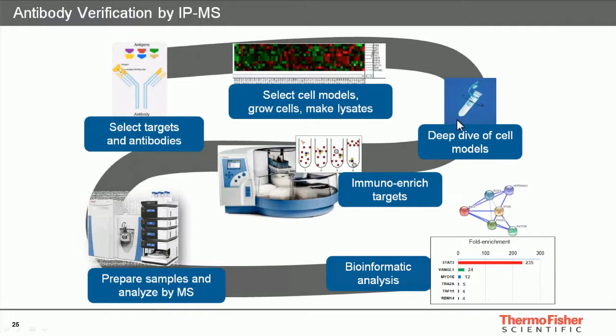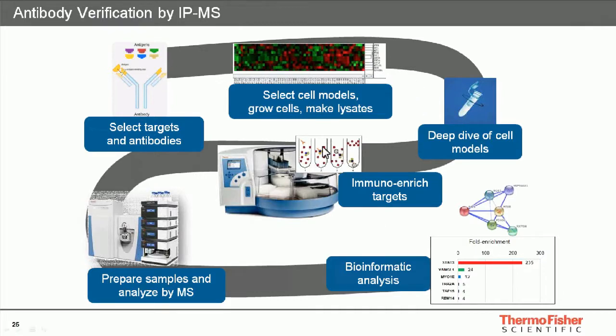And then we generate the deep proteome of each cell line. The idea behind doing the deep proteome of each cell line is that it gives you the relative protein abundance of each target across different cell lines. And then we choose the cell line which expresses the target at relatively low to medium abundance, because you really want to see the antibody's affinity for the target enrichment.